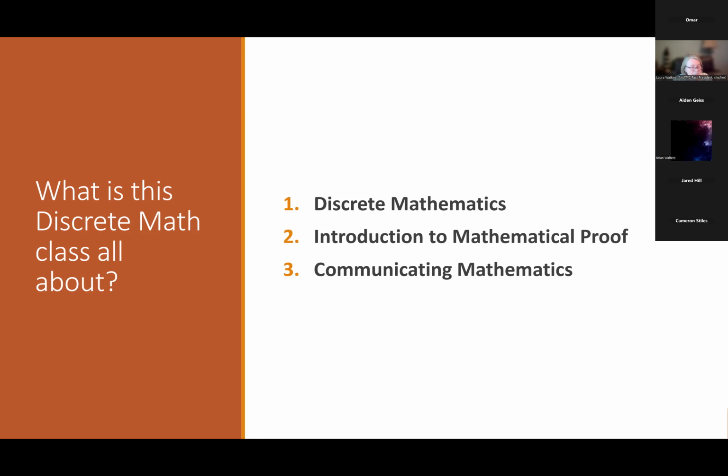It is an introduction to mathematical proof, which then means that we have to communicate mathematics effectively. Those would be the 3 big components, I would say, about discrete math.